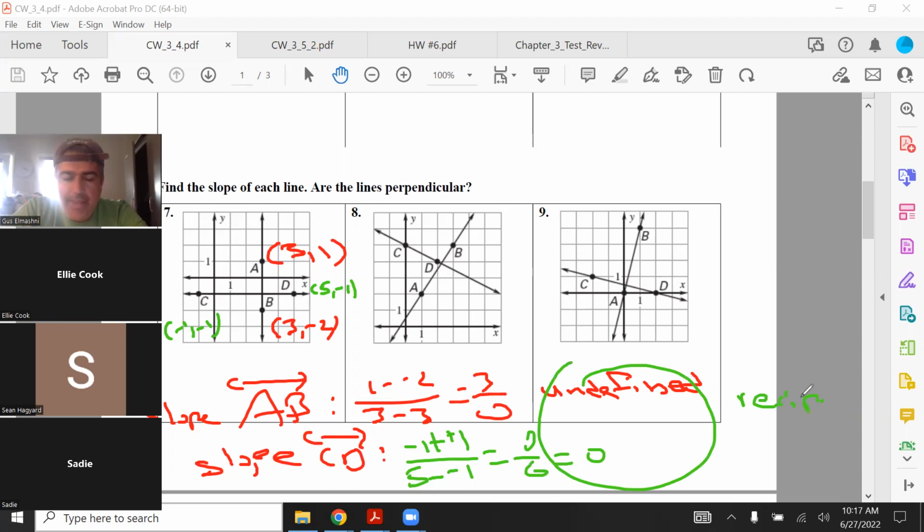And who cares if we put a negative, because negative times 0 is still 0. Any negative number times 0 is 0. So in this case, that would also be true because that's purely vertical and a horizontal line. So those are going to be at right angles anyway.